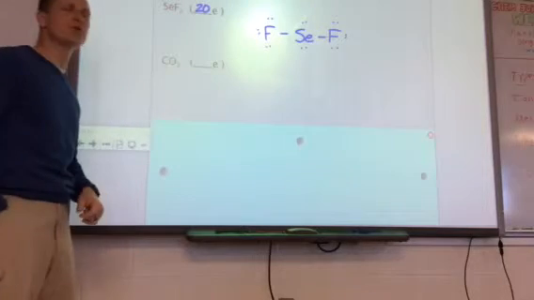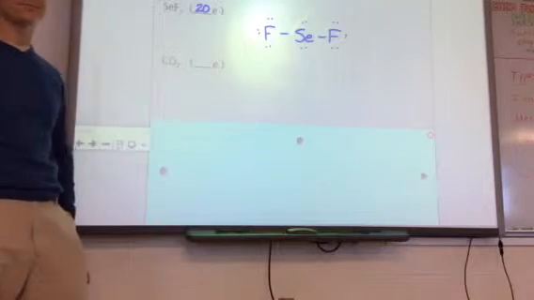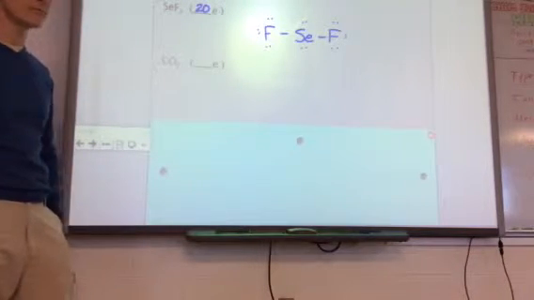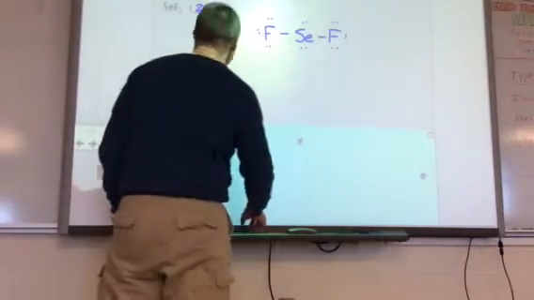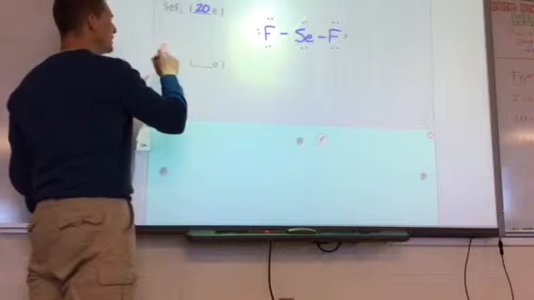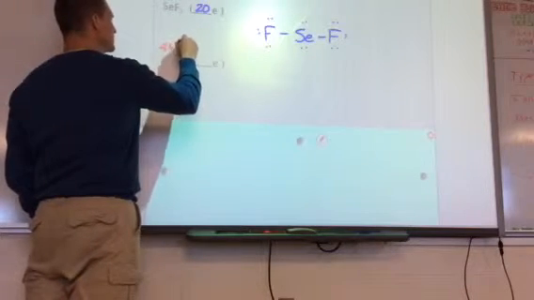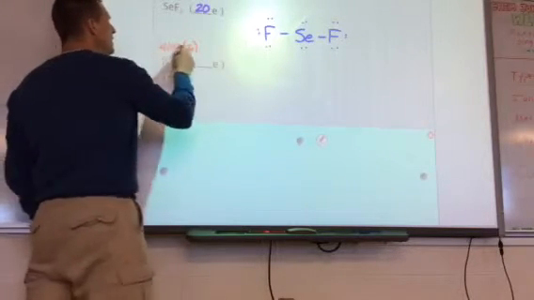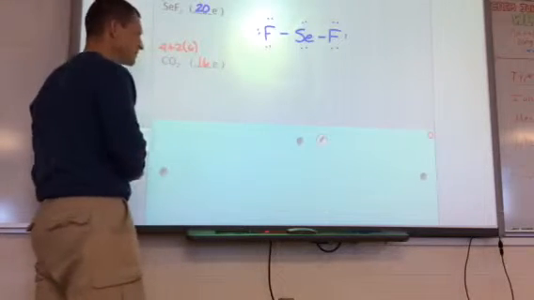The next one is CO2, carbon dioxide. Count the number of electrons first. Carbon has 4. Oxygen has 6, and there's 2 oxygens. So we got 16 electrons.